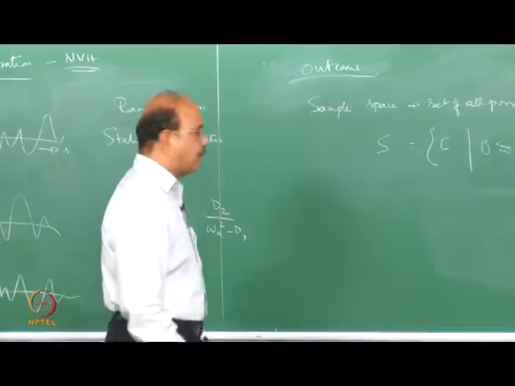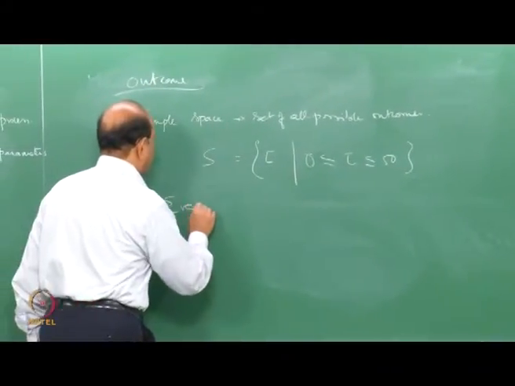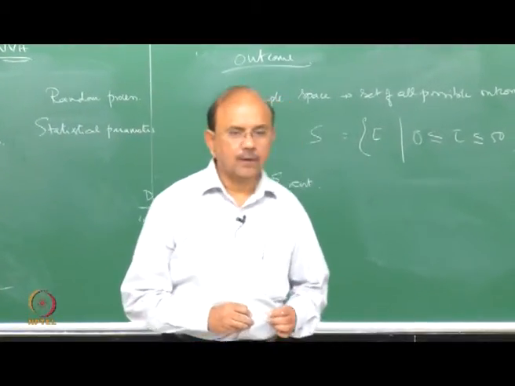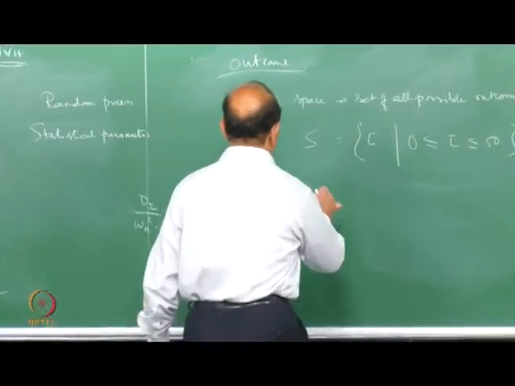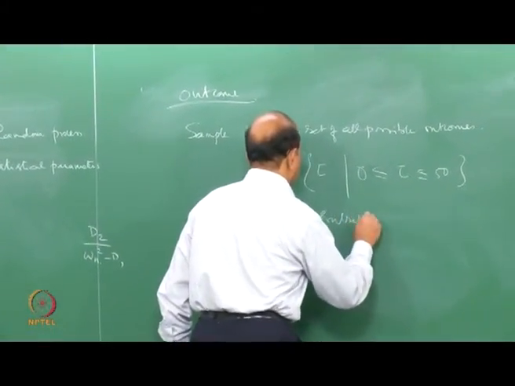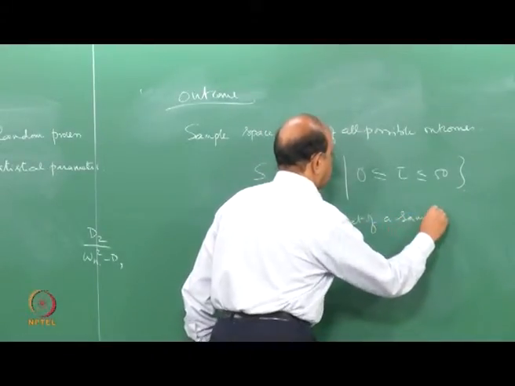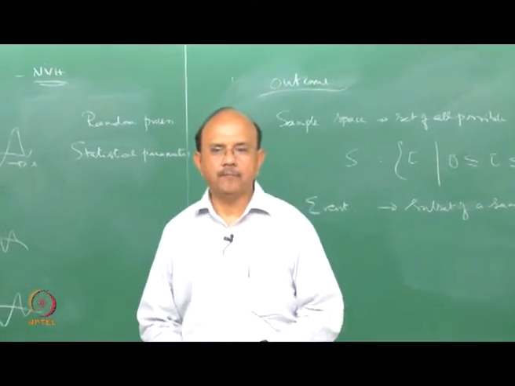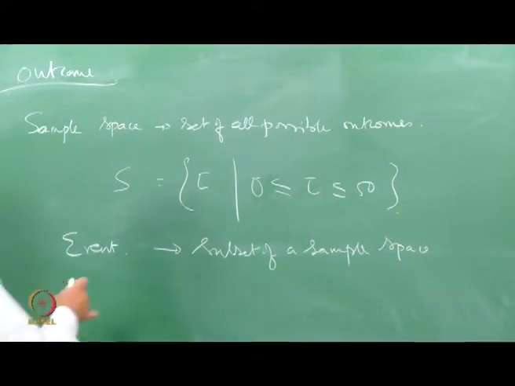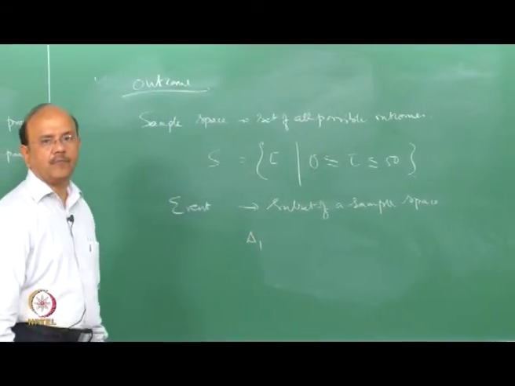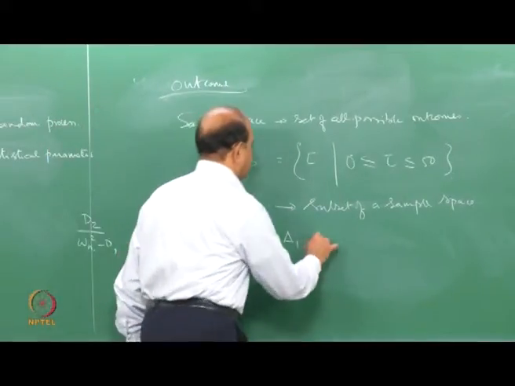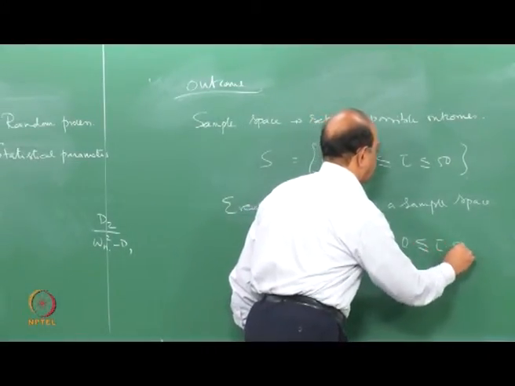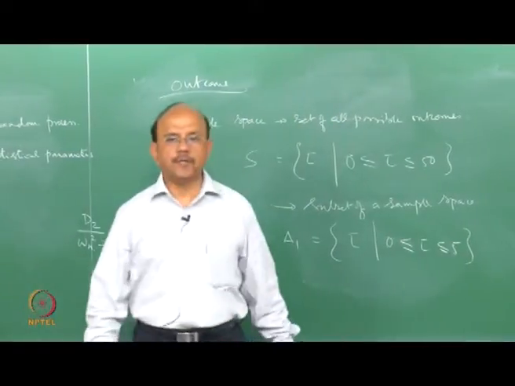We call a subset of the sample space an event. An event is a subset of the sample space. For example, I can say that A1 is an event where A1 covers tau less than or equal to 5 minutes.